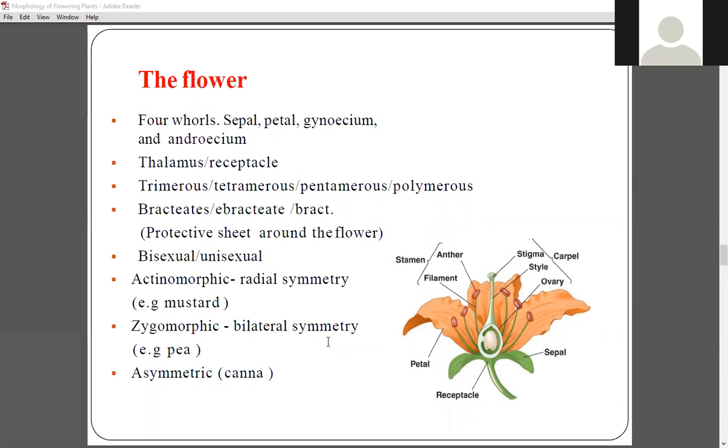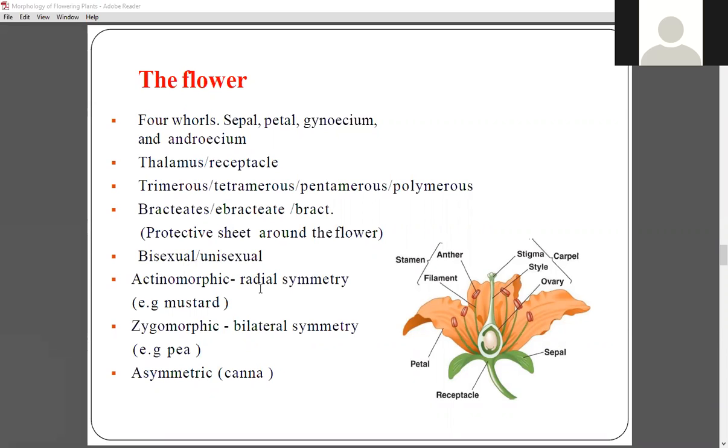The next point is the flower may be bisexual or unisexual, right? Bisexual means in one particular flower both male and female parts are present, right? In animals, when we covered the fourth chapter, that is animal kingdom, we saw hermaphrodite, right?